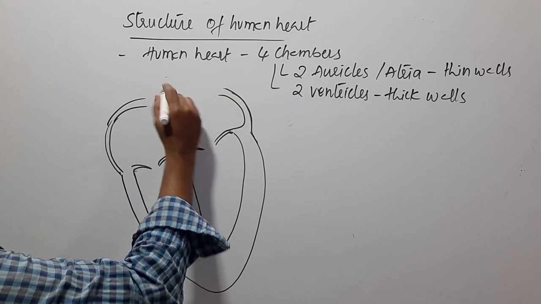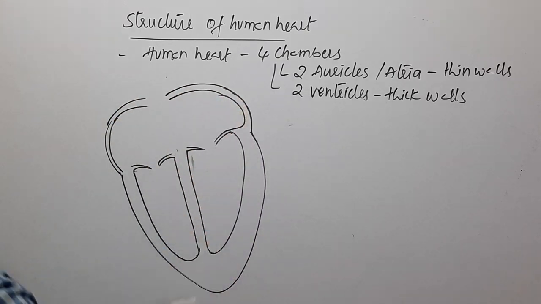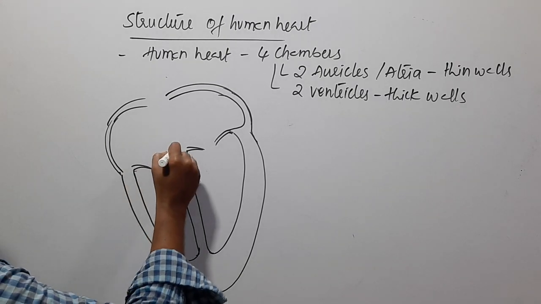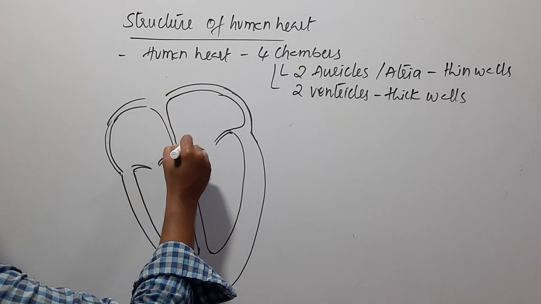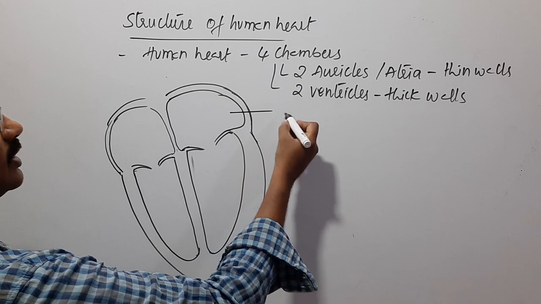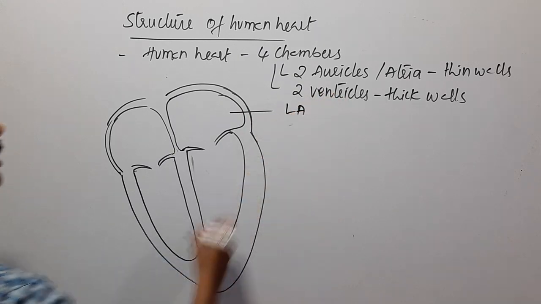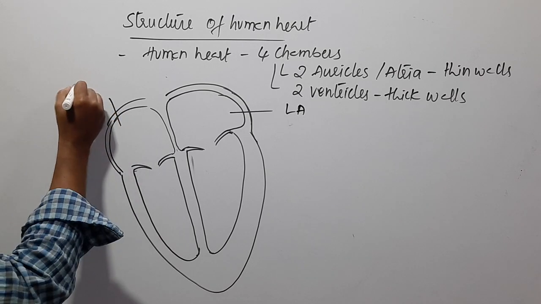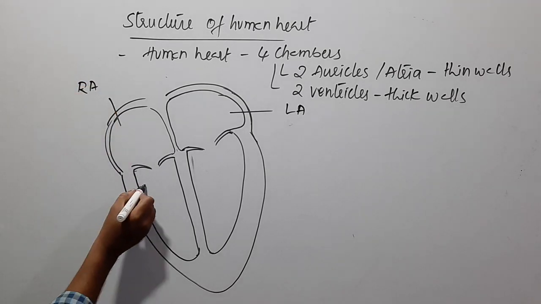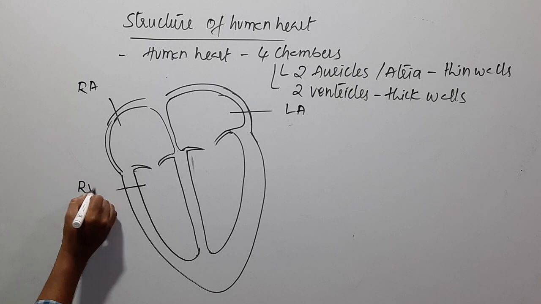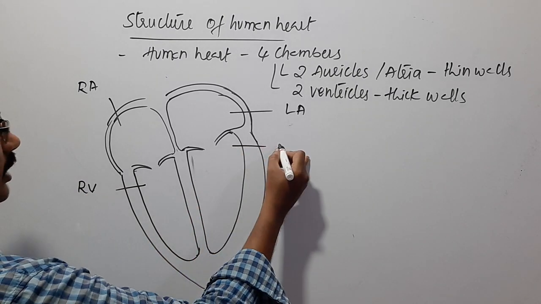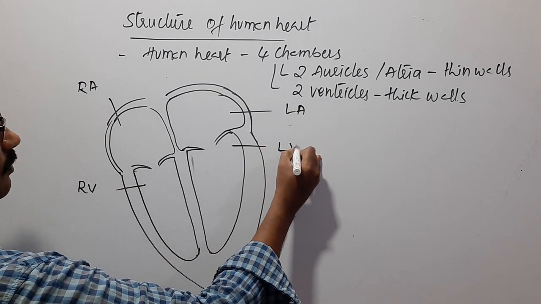This is the left auricle, this side is the right auricle, this is the right ventricle and here is the left ventricle.